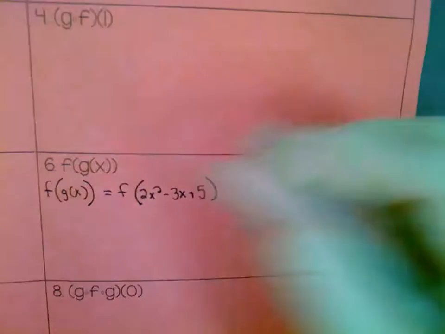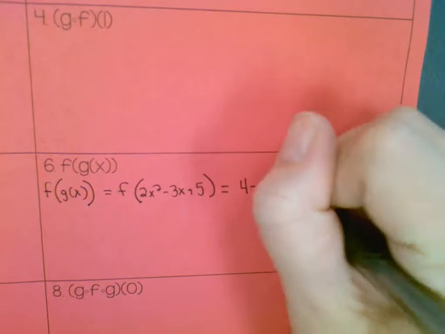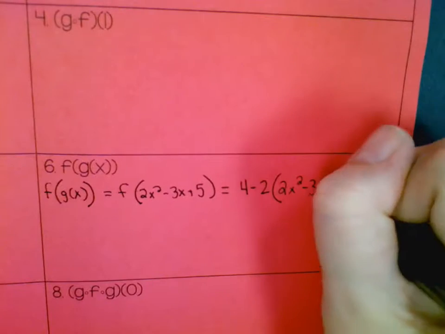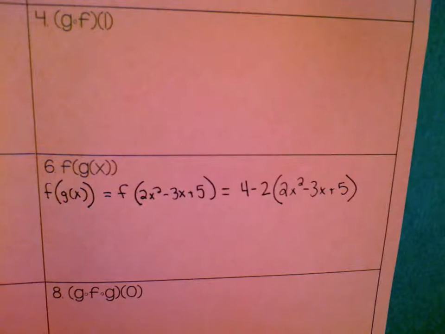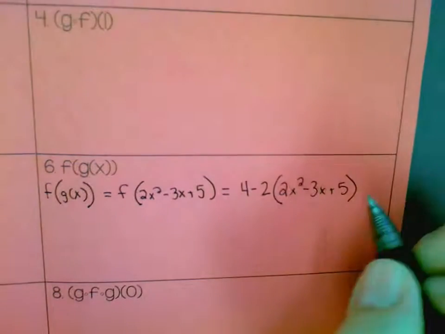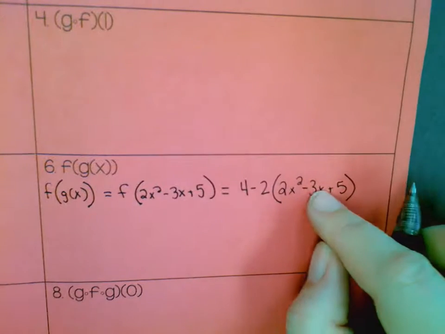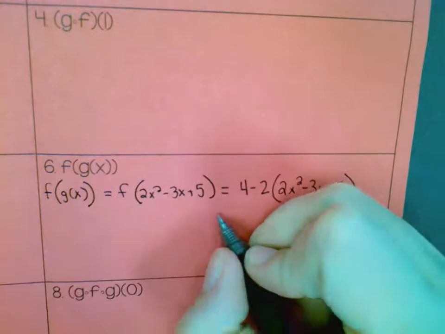So that is equal to 4 minus 2 times what we plug in for x. Remember f was 4 minus 2x, so I replaced the x with the function g. Now we just need to clean it up.